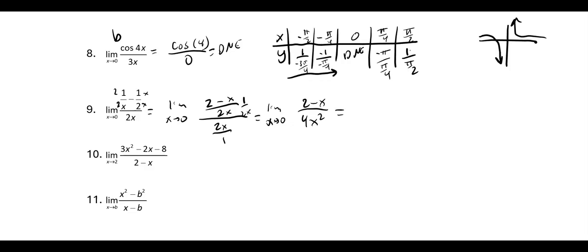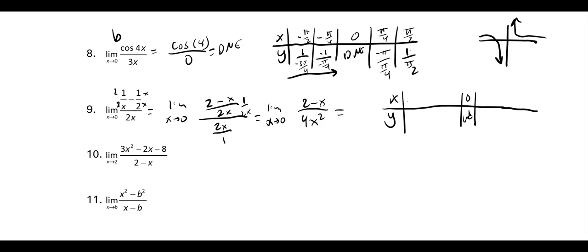So now when you do all your plugins, it's still, so again the same scenario right here is undefined, right? 2 minus 0 is 2 over 0 is undefined. So that tells me that I'm going to go to my old T-chart method, all right, because 0 is undefined.